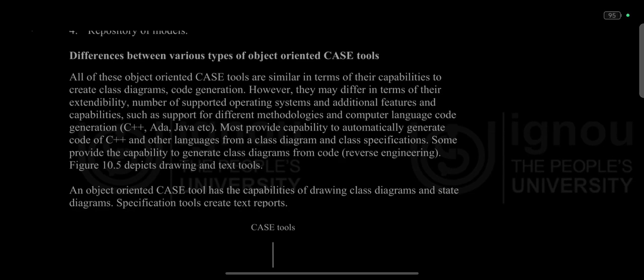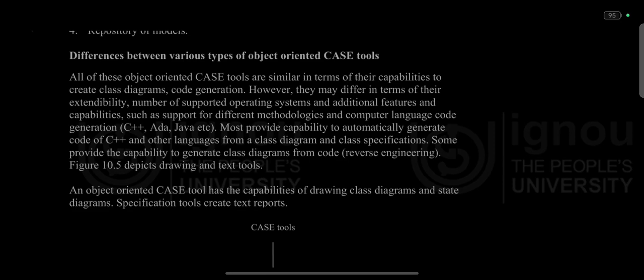Differences between various types of object oriented CASE tools. All of these object oriented CASE tools are similar in terms of their capabilities to create class diagrams and generate code.